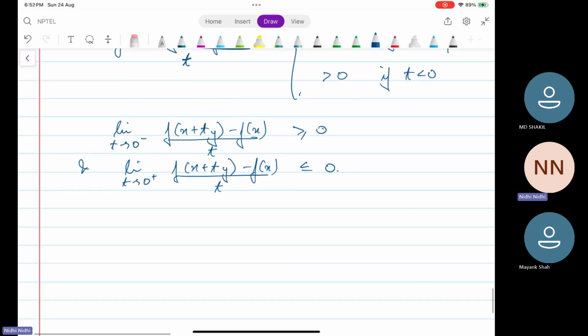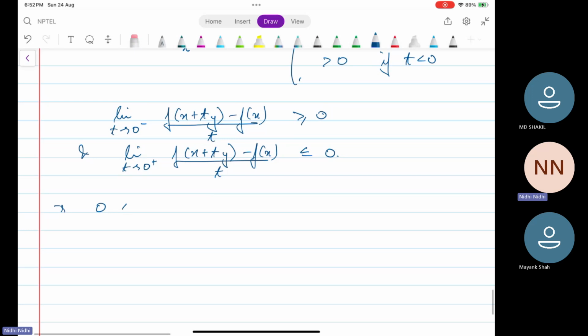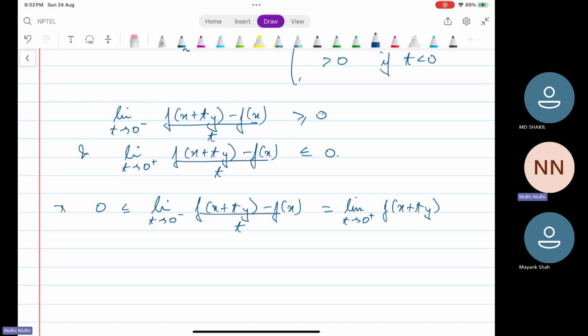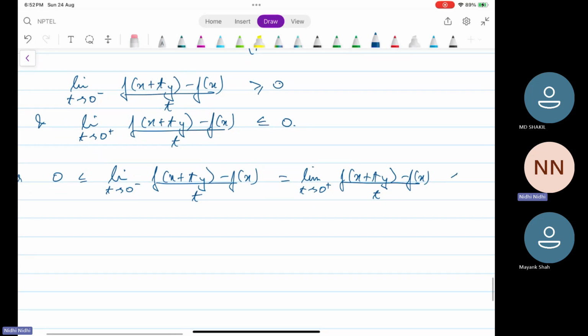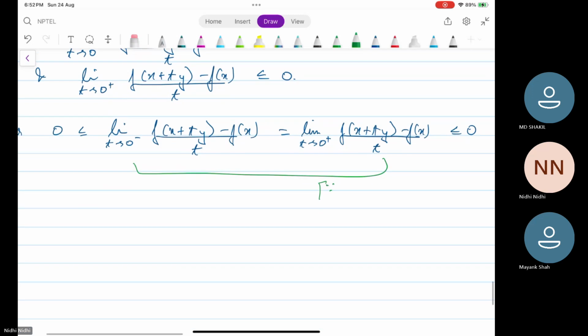Now since f is differentiable, this limit exists, so these must be equal, and this is happening because f is differentiable.